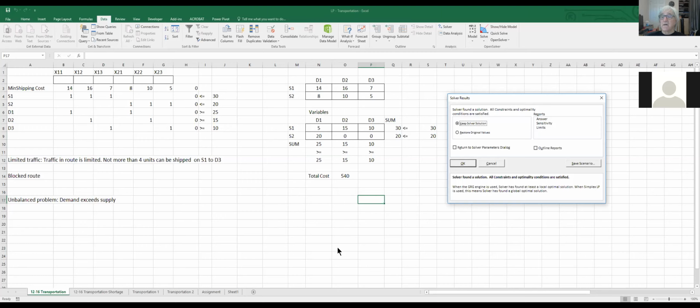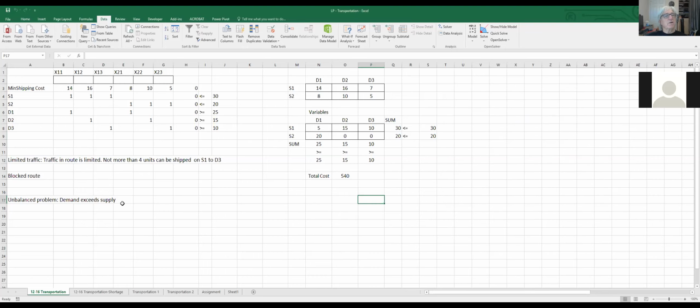And first I show to you what is the easiest way to understand it, but not the one recommended. So take a look. Let's assume that the route that is blocked is from source 1 to destination 2. This route is blocked. And currently, from 1 to 2, you are shipping 15 units.